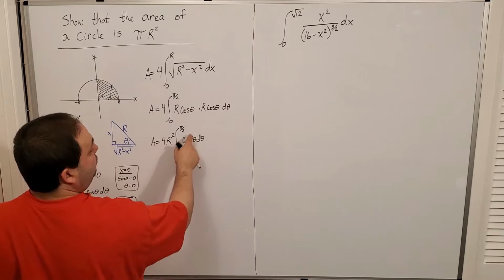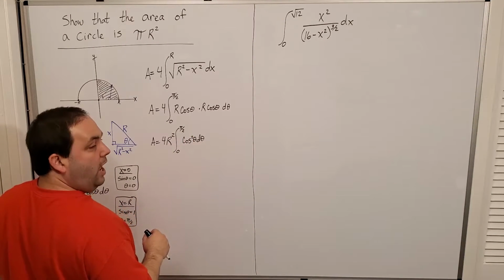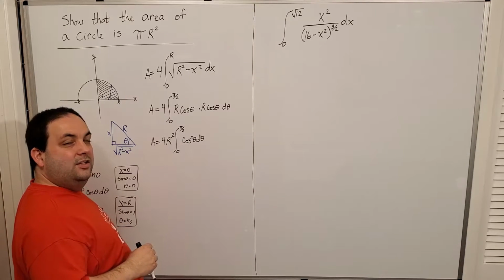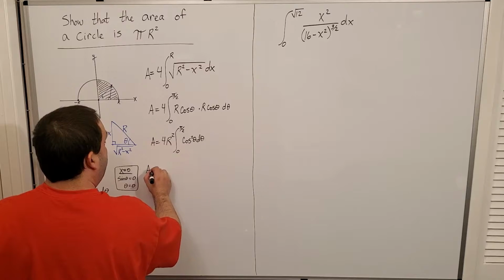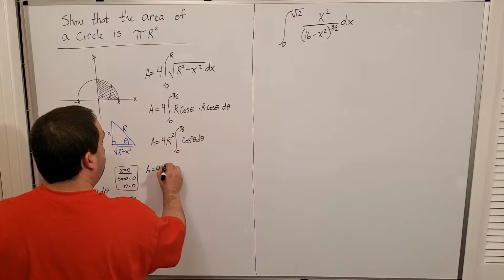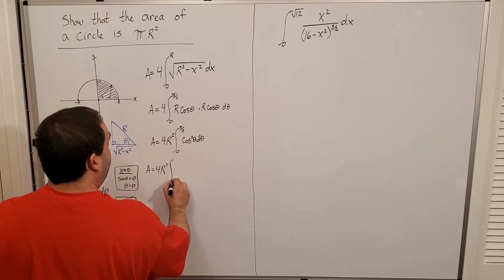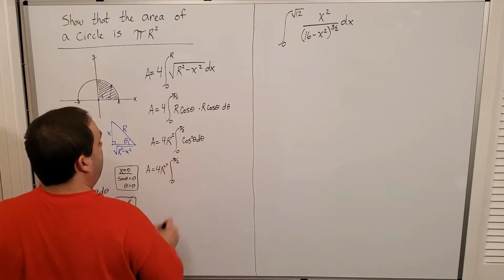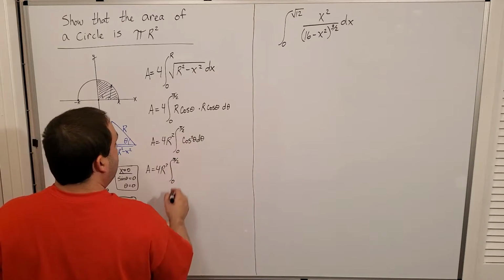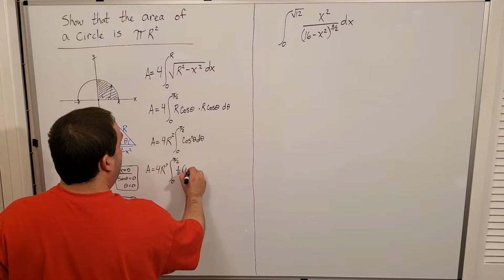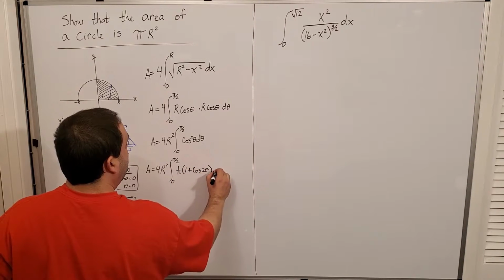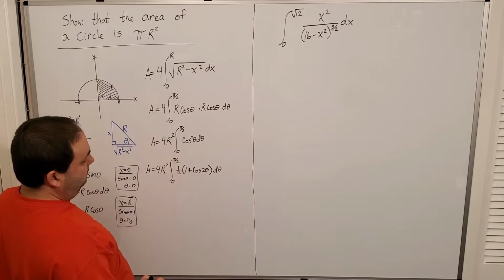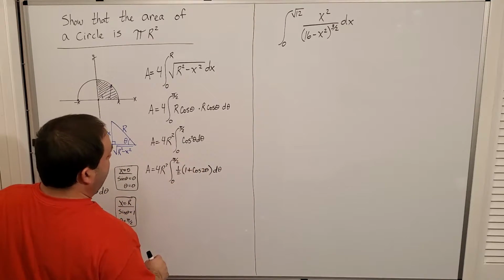Well, remember, to do the ones that are strictly even powers with sine and cosine, I need to do the power reduction formulas. So my area is equal to the 4r squared integral from 0 to pi over 2. Cosine squared is equal to 1/2 times 1 plus cosine 2 theta d theta. And then I just need to do this integral.